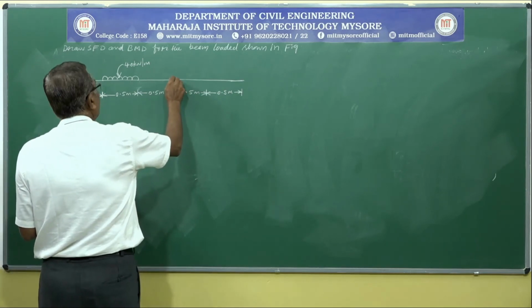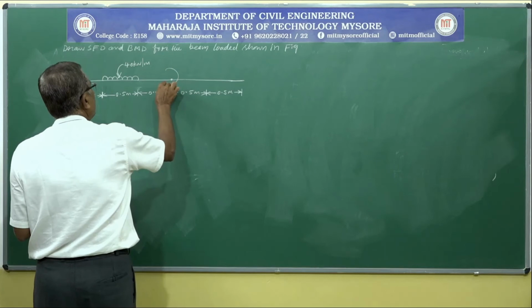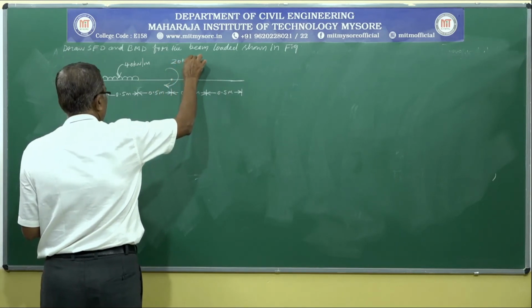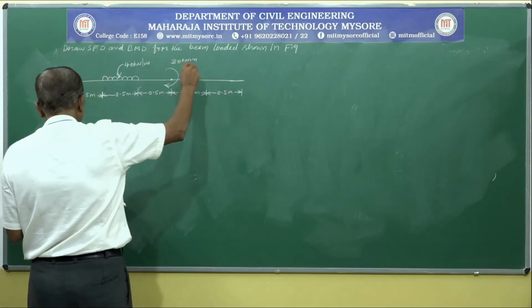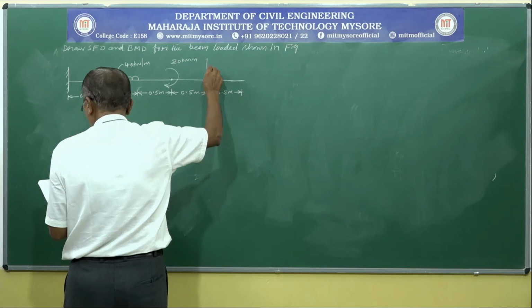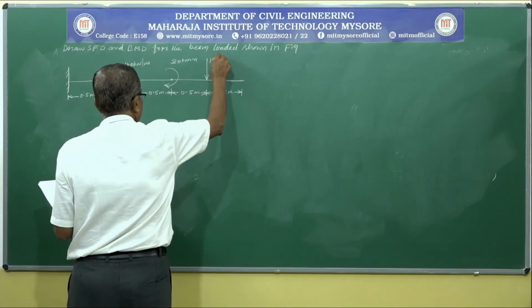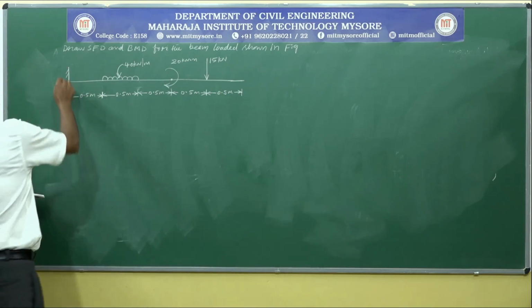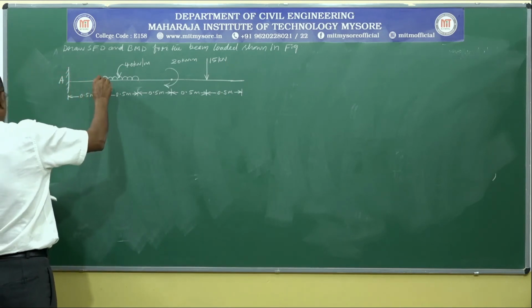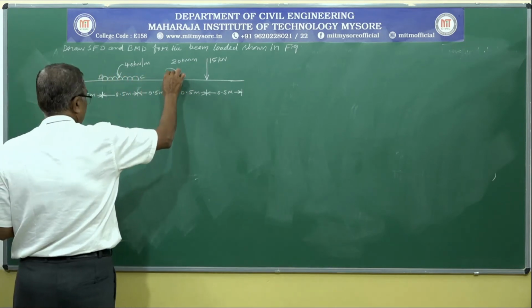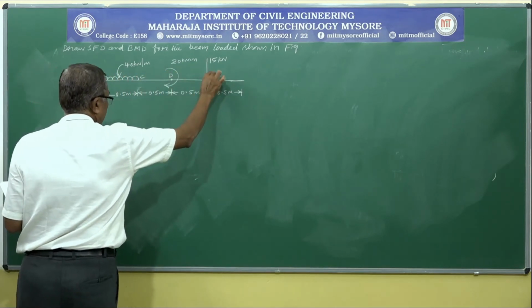It is subjected to a clockwise moment of 20 kilonewton meter and a point load of 15 kilonewton. Of course, salient points are given: A, B, C, D, E, F.